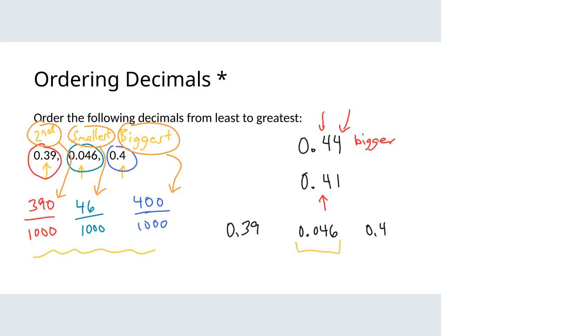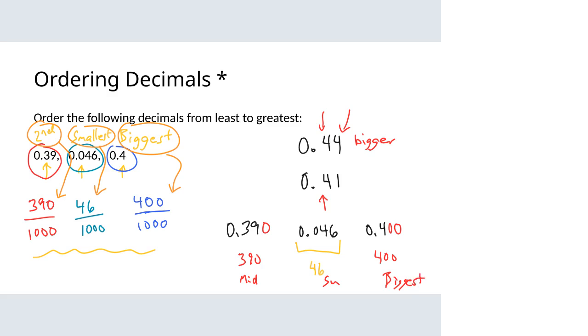So once you see that this one goes to the thousandths place, and that's 46 thousandths, you can write the other ones to the thousandths place. Make the one on the left go to the thousandths place by adding a 0, and we can see that that's 390 out of 1,000. And add zeros till it gets to the thousandths place, and we can see that that's 400 out of 1,000. And now we can see that this is the smallest, this one's in the middle, and this one's the biggest.